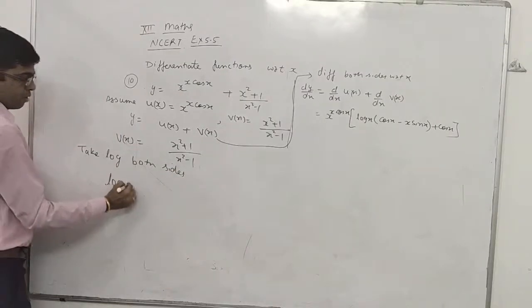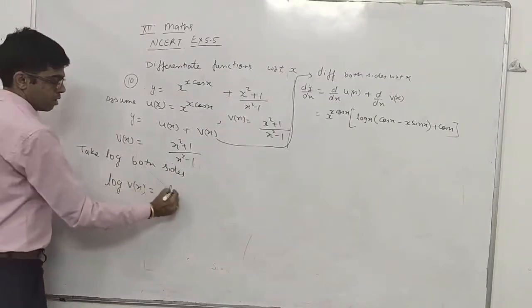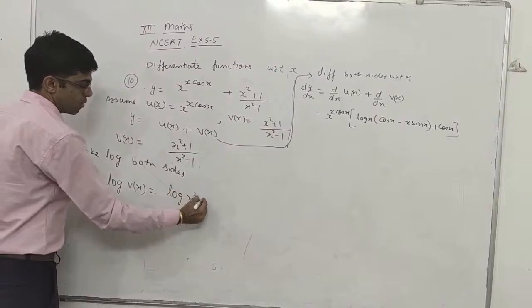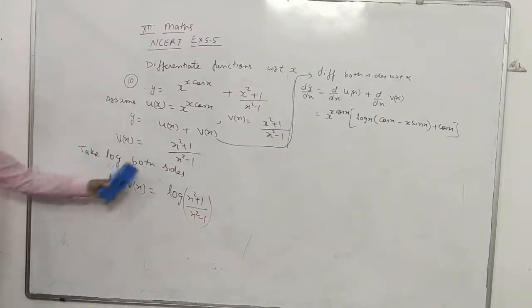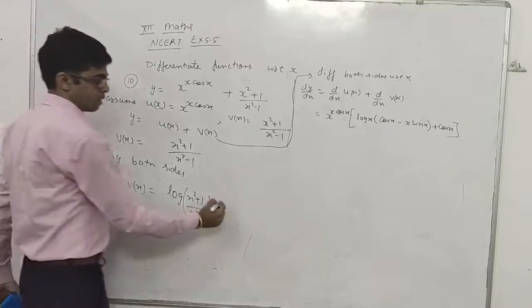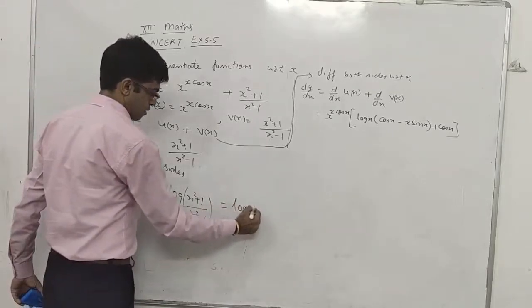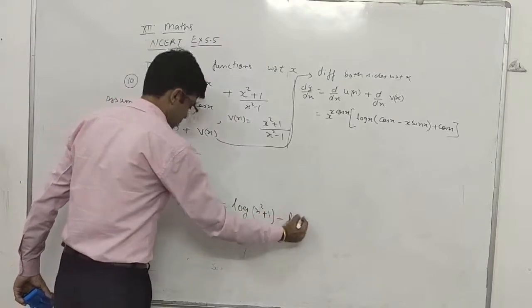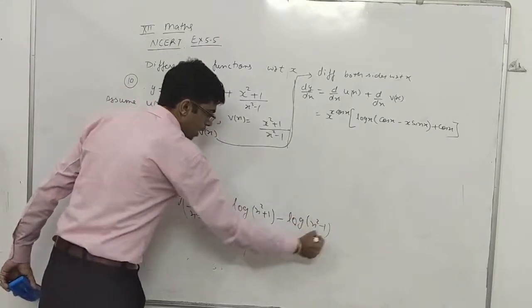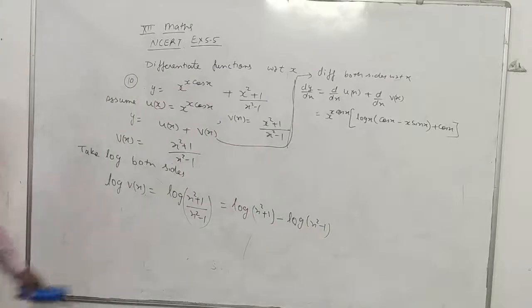Log of v(x) is log of (x square plus 1) upon (x square minus 1). We know that log of m upon n is log m minus log n. This is the property.